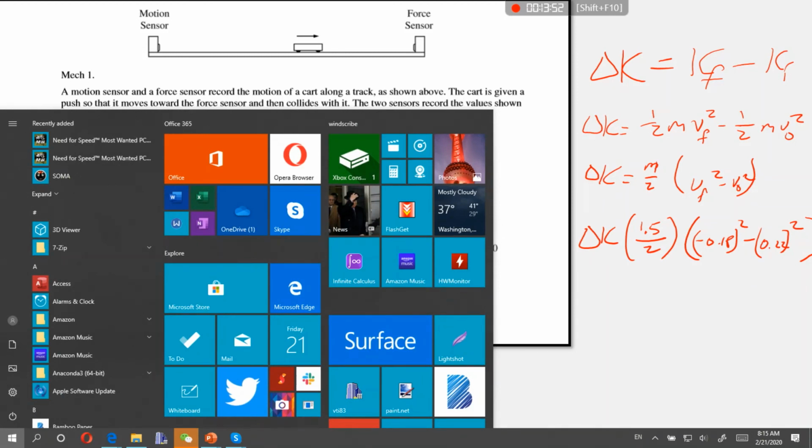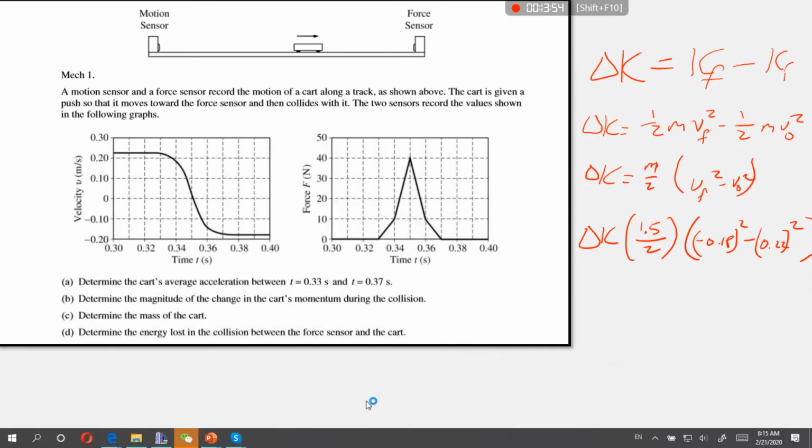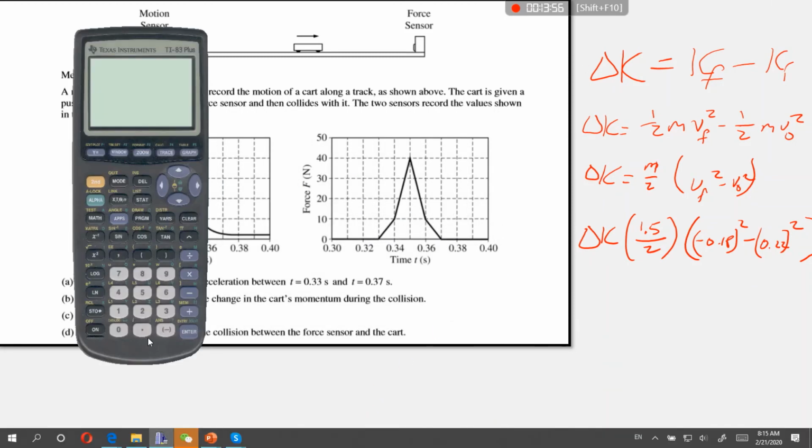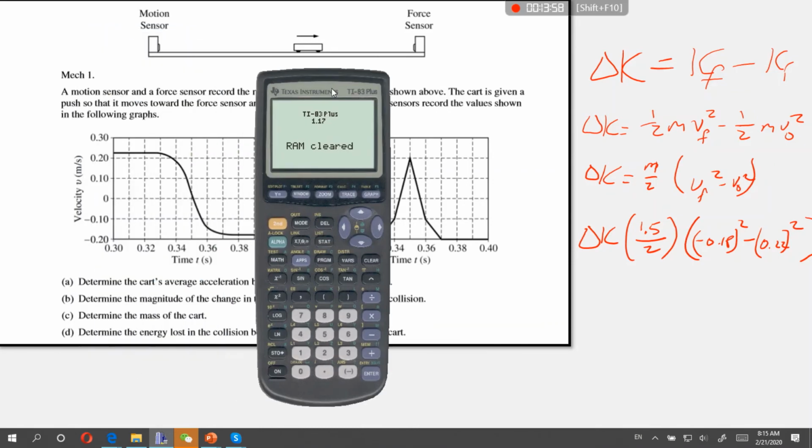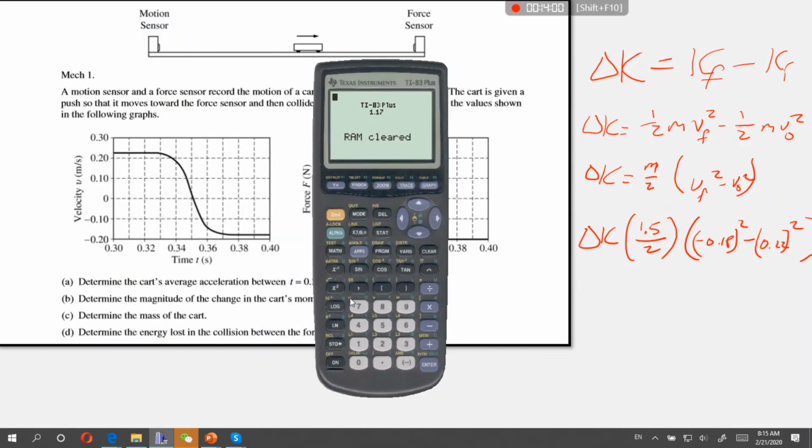Actually, this is physics. You've got a calculator on the whole thing, don't you? Yeah. Okay, I keep forgetting. So 1.5 divided by 2 times negative 0.18 squared minus 0.22 squared.